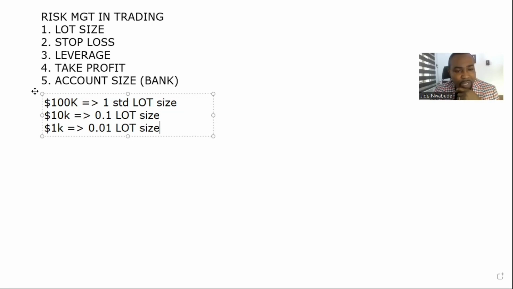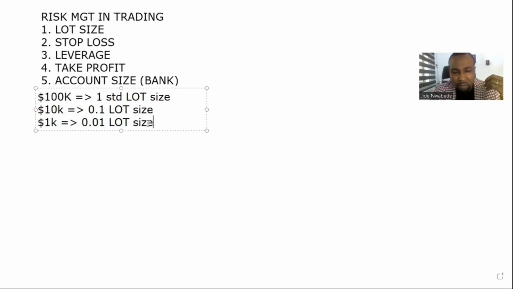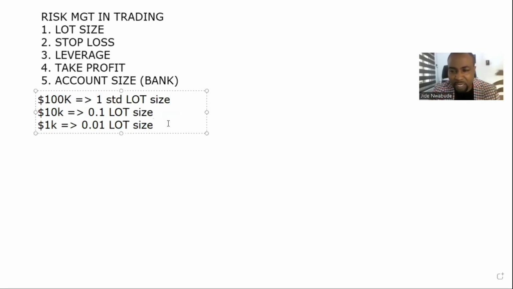Now you can begin to swap these things and begin to justify yourself anyhow. That's fine, but this is the standard. This is the recommended standard. Now you can increase it or you can further reduce it. It's your choice. Now, if you configure your trading account this way, the chances of losing that trading account is so small.